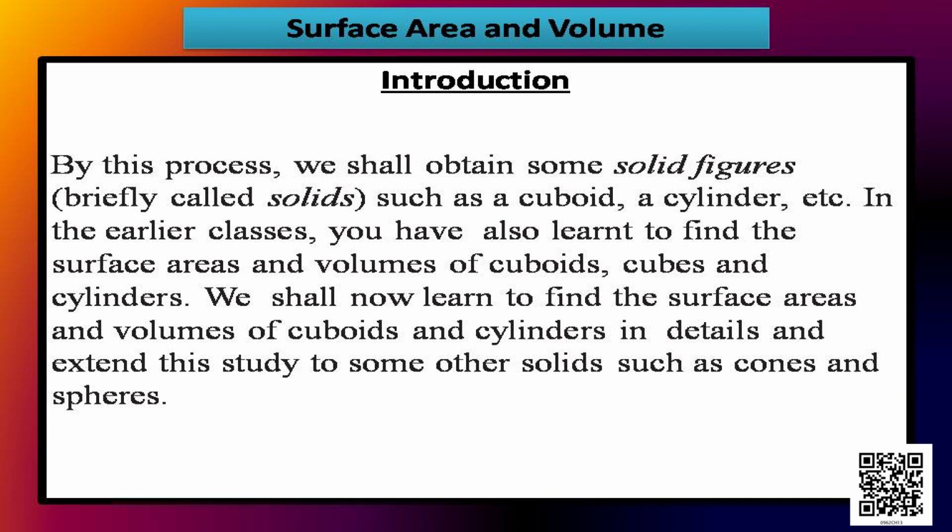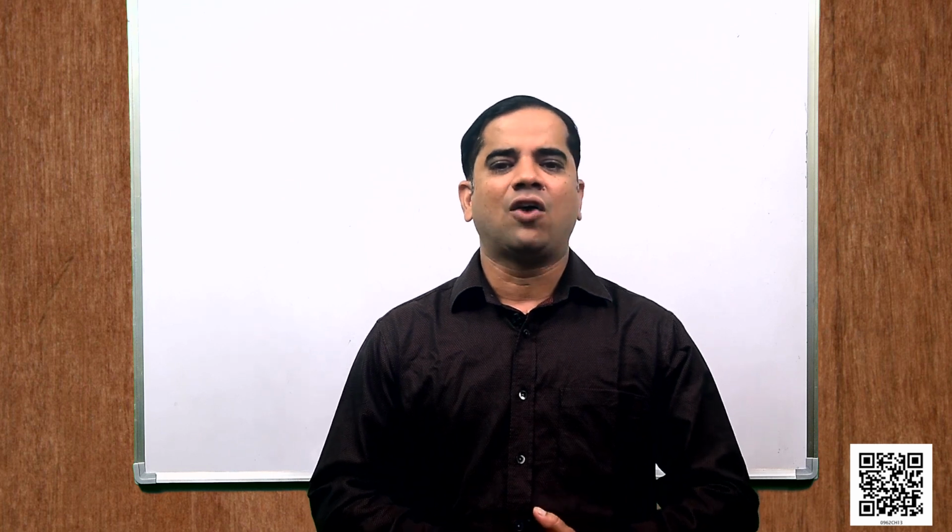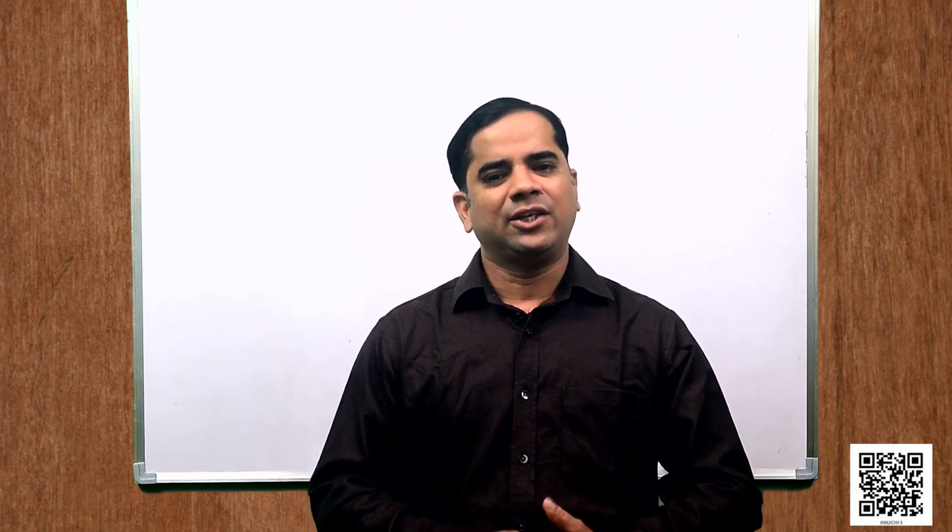We shall now learn this in detail and extend the study to other solids such as cones and spheres. So let us first discuss the surface area of a cuboid and a cube.